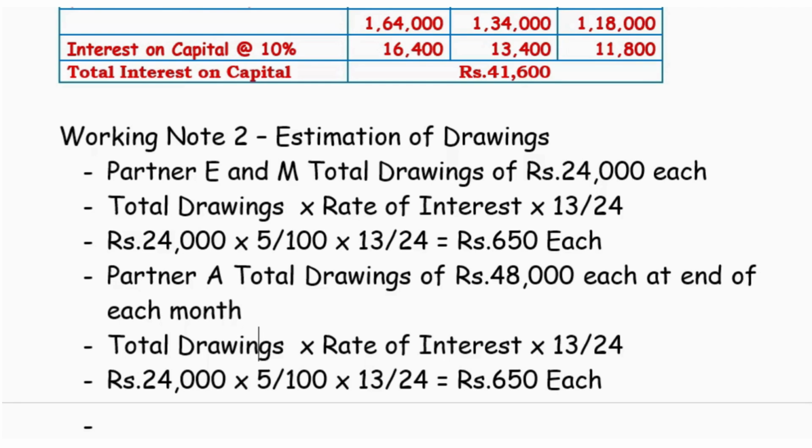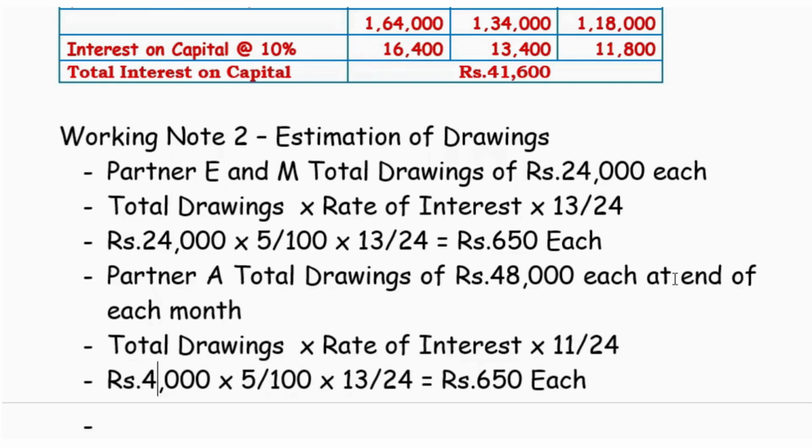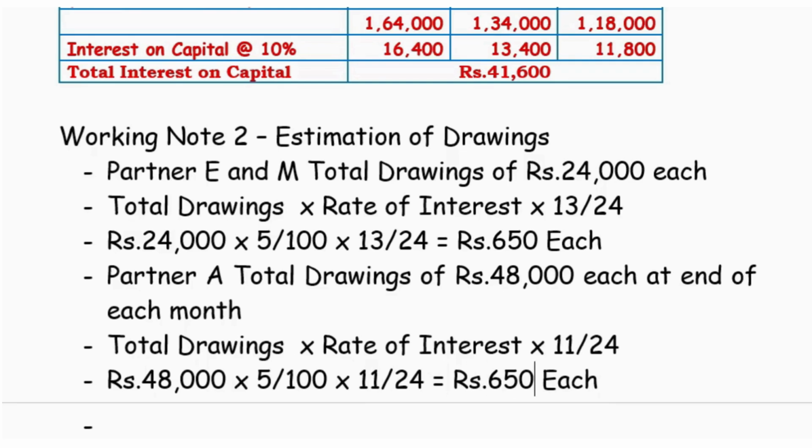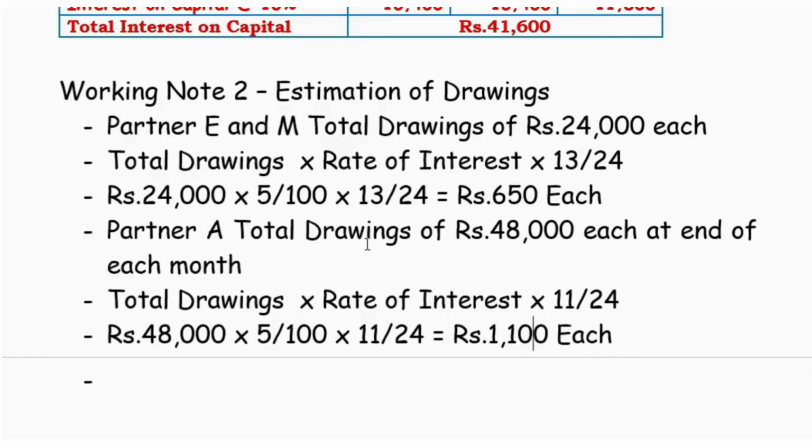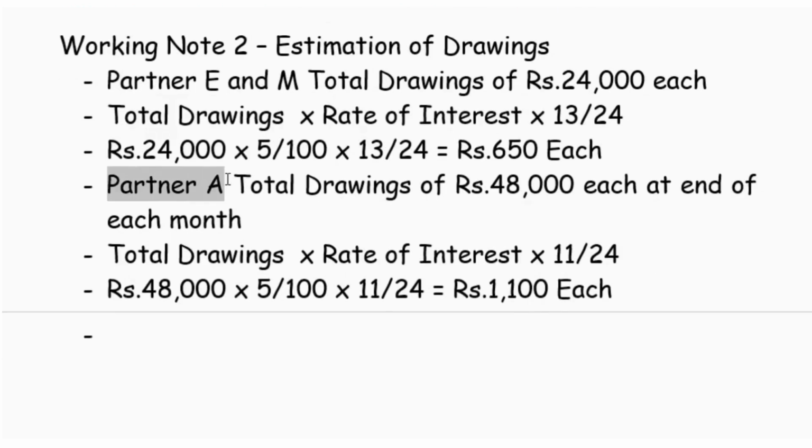It is 11 by 24, and the amount he has withdrawn is 48,000. So 5%, 11 by 24, his interest on drawings is 1,100. Partner A's interest on drawings is 1,100, and partner E and M's interest on drawings is rupees 650 each.